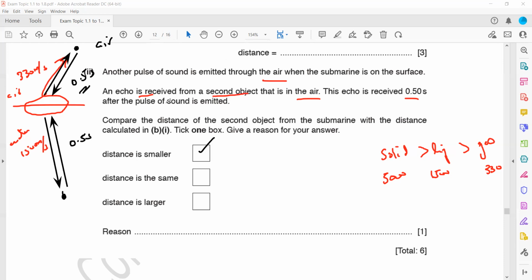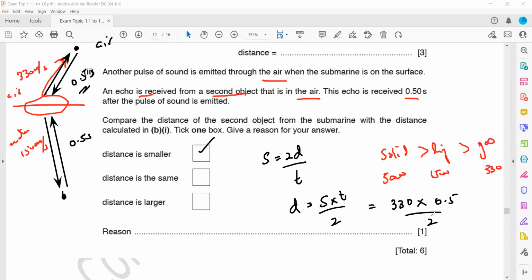Even so, you can use this formula: speed is 2d over t. Why 2d over t? Because there's a reflection. So the distance will be speed multiplied by time divided by 2. The speed in air is 330 multiplied by the time 0.5, which is 165, and 165 divided by 2 is 82.5.